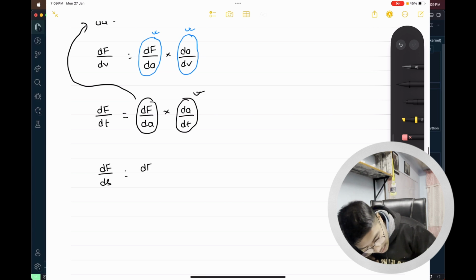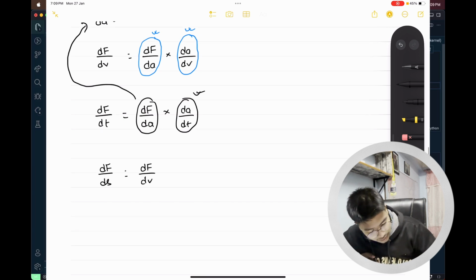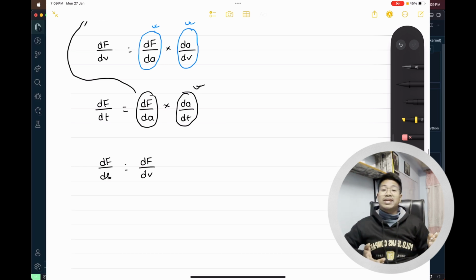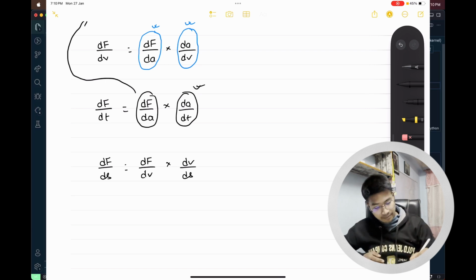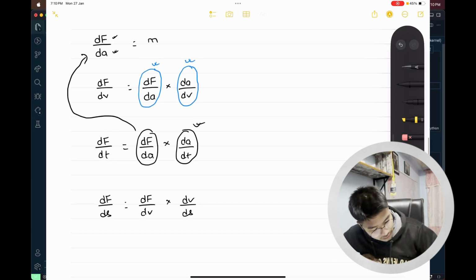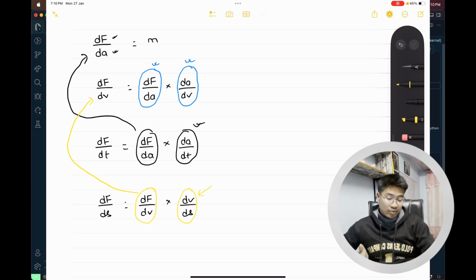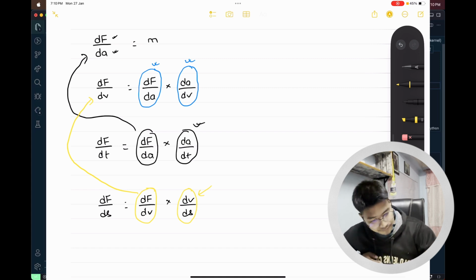If you use the chain rule over here as well, it's also very simple. That is how your force is being affected by velocity, and you know how your velocity will be affected by that distance. If you look at this term, you have already computed this, and computing this other term is very easy because there is a direct relationship between velocity and distance.